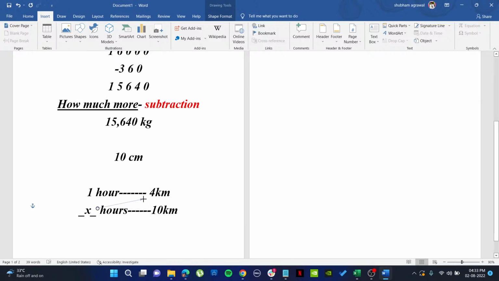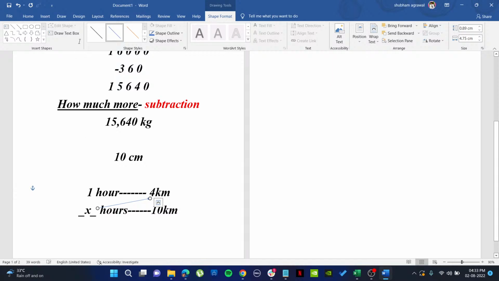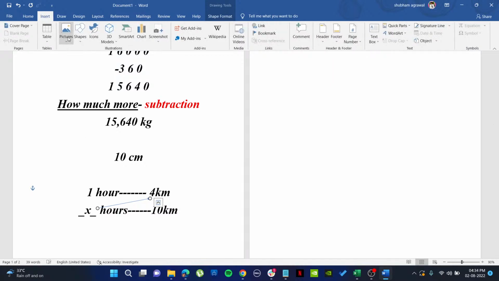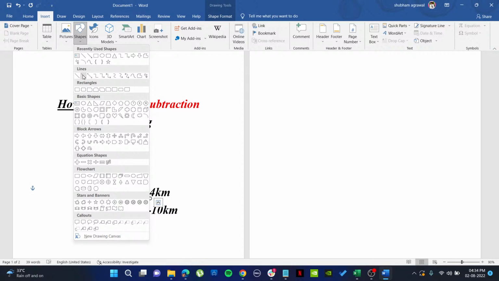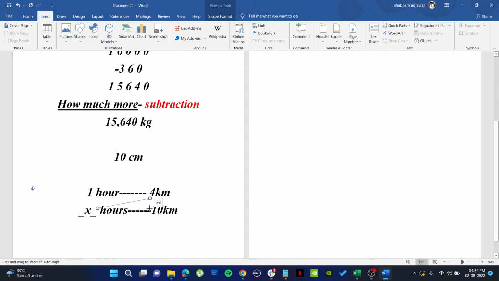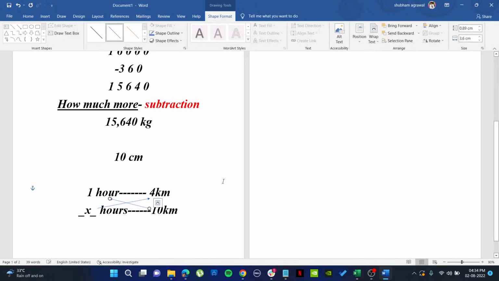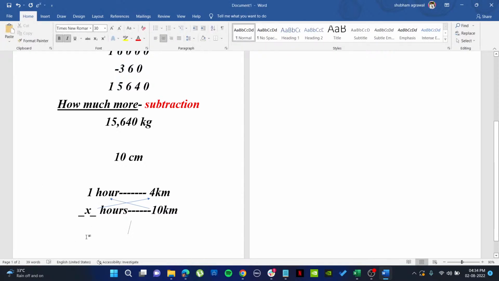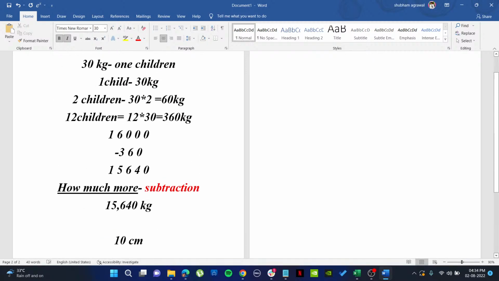We will be multiplying this x with this 4, and this 10 with this 1. If we do so, we get 10 equals 4x. So it means that if we have to figure out the value of x, we need to divide 10 by 4.